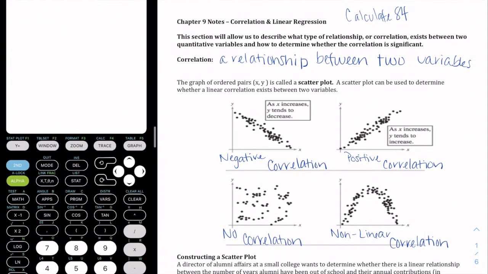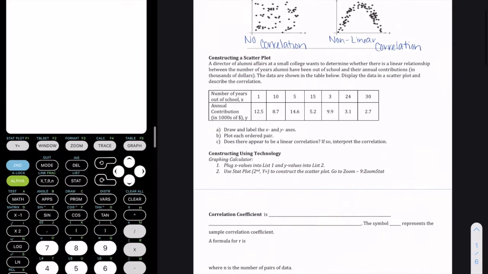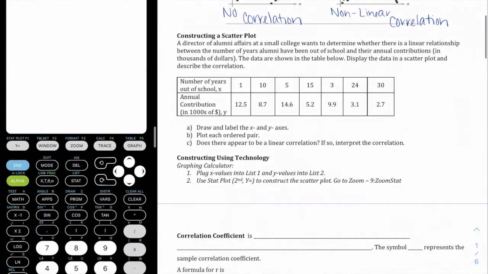Alright, so when we're constructing a scatter plot, we have number of years out of school, X, and the annual contribution in thousands of dollars, Y. So normally when you're doing this, you're going to draw and label your X and Y axis, and you're going to plot your points, okay?